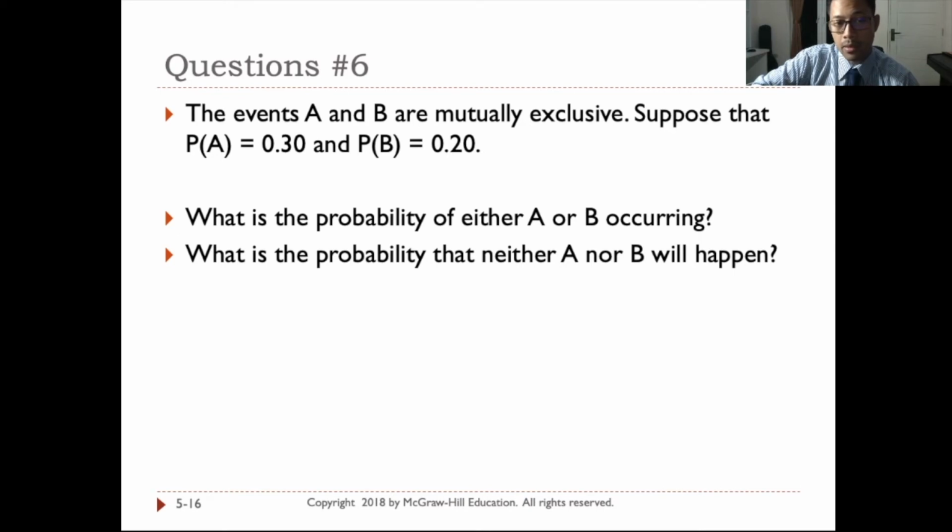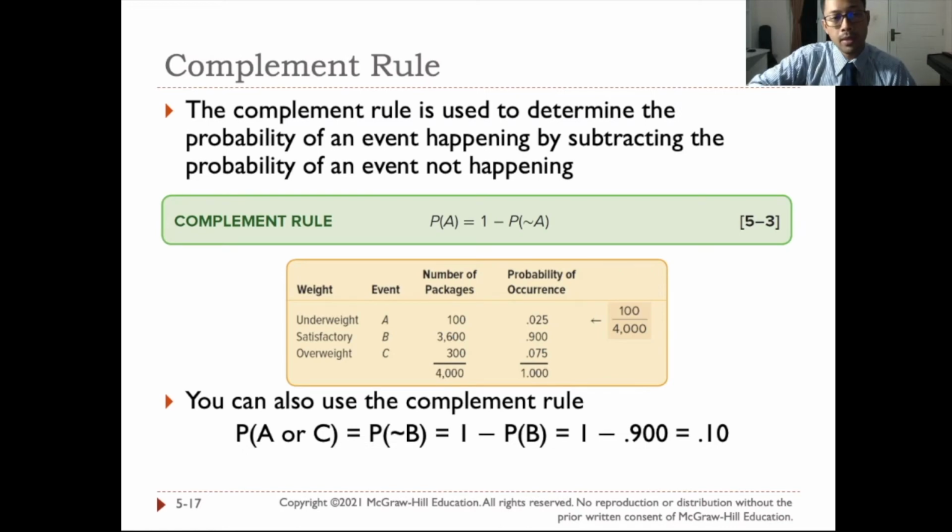And what's the probability that neither A nor B will happen? Well, this is going to be a concept of complement. So the complement of A or B is just going to be 1 minus 0.50, which is 0.50.